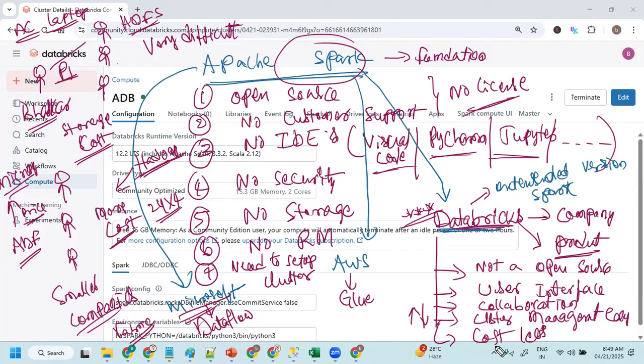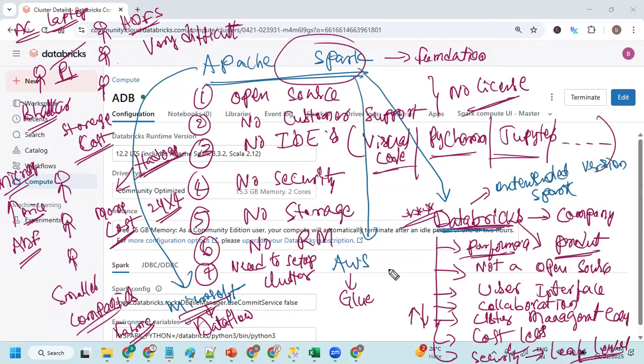We don't need to set up the cluster from our side. Everything will be taken care of by Databricks itself. Many features and performance have by default been taken care of internally. And on security, leaf level security is also possible now. Previously it was not there.